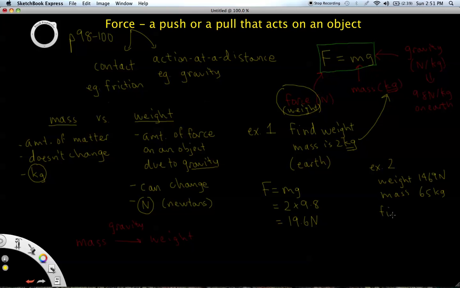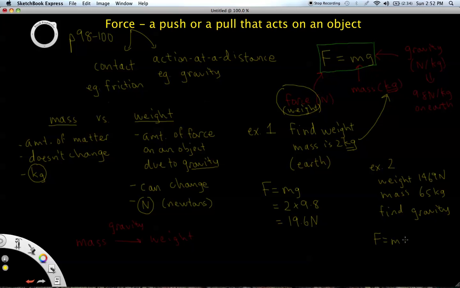Find gravity. So I could word this question saying, there's an object on a mysterious planet. You don't know the force of gravity on this planet, but you do know that the object has a mass of 65 kilograms, and that the weight of the object is 1469 newtons. So let's try and find the gravity.